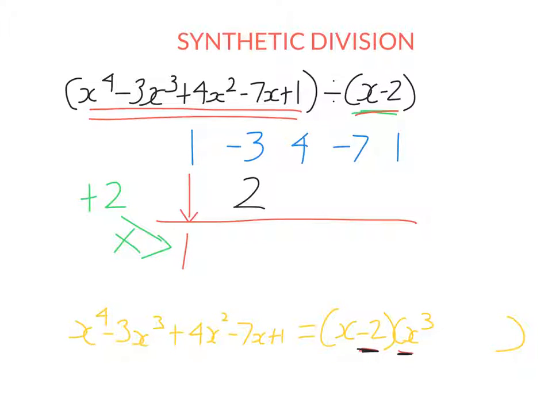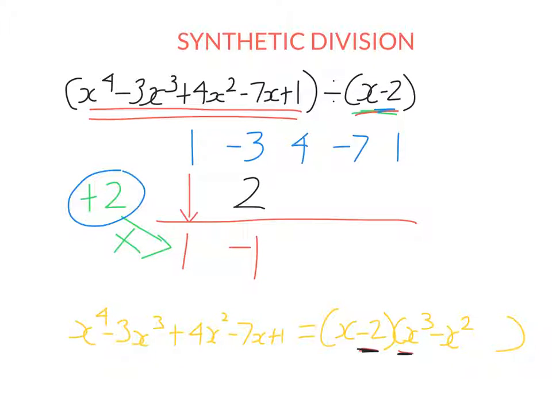Doing polynomial long division, at each step I subtract in order to find the remainder. But here I'm going to add because I'm not using minus 2, I'm using its negative. So the negative of subtracting is like adding the negative. So I'm going to go minus 3 plus 2, which gives me minus 1. And that's the coefficient of the next term.